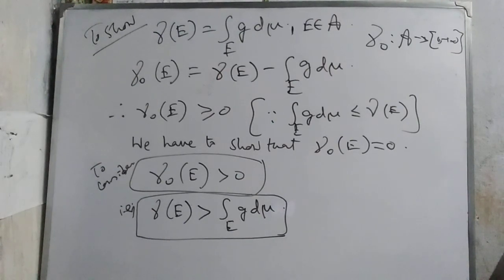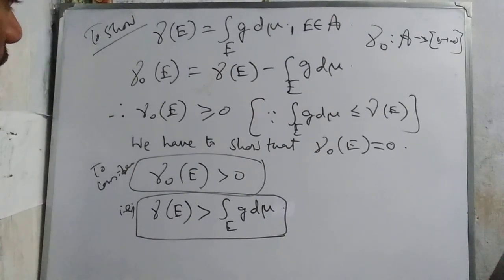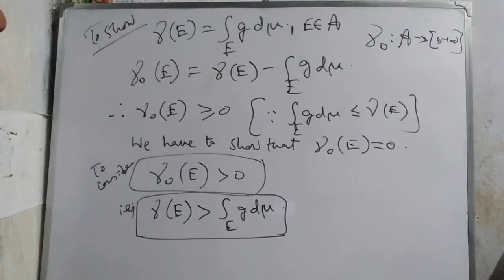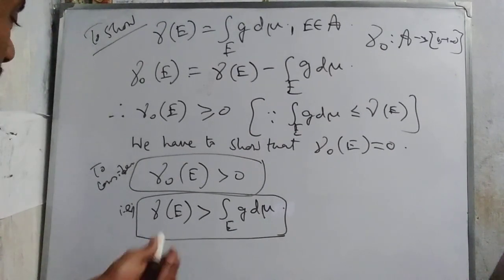Then we see that this does not hold, so some contradiction occurs. Why does the contradiction occur? That means this holds: gamma of E is greater than the integral over E of g d mu.